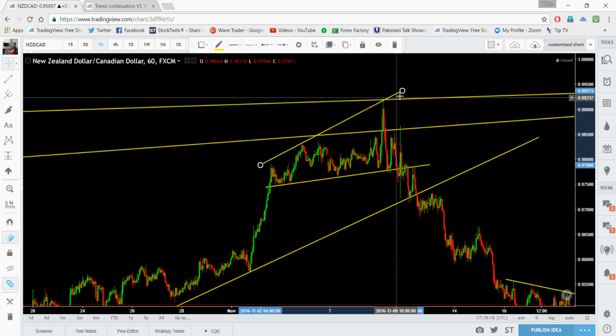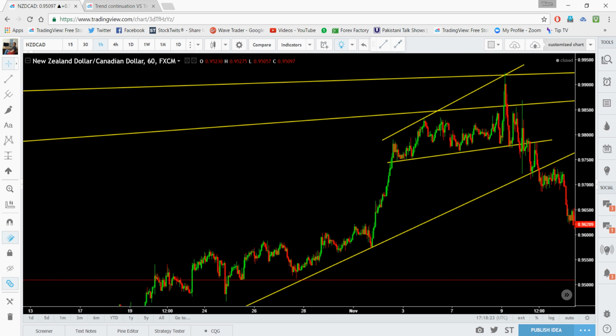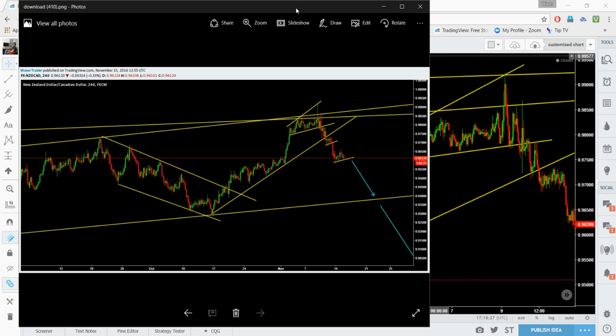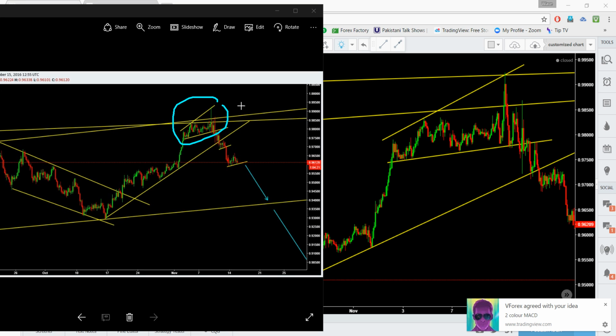So here is the pattern. This is the 4 hour time frame, and this is the 1 hour time frame on the chart. So this is a trend reversal pattern and this is a trend reversal pattern.